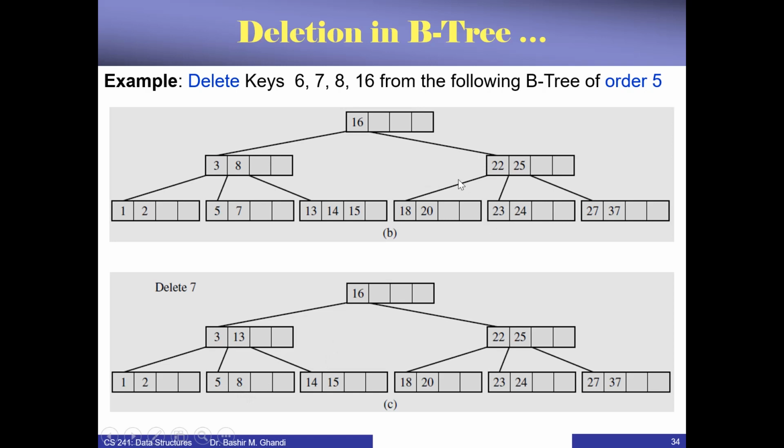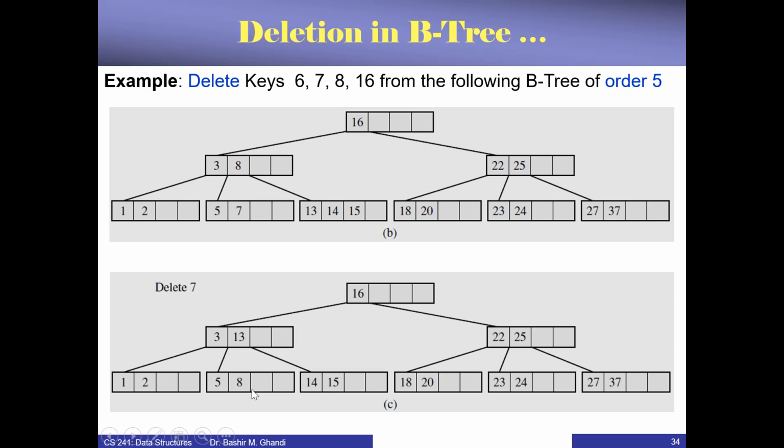Okay, next we want to delete 8. Deleting 8 on the same node instantly will create an underflow, but this time you have no other way. You cannot borrow from the right, you cannot borrow from the left. So you have to merge.